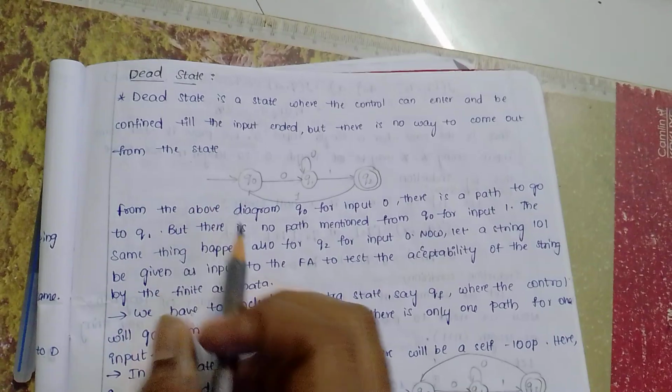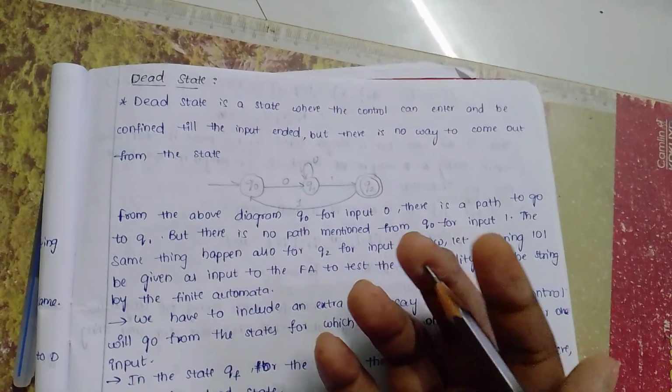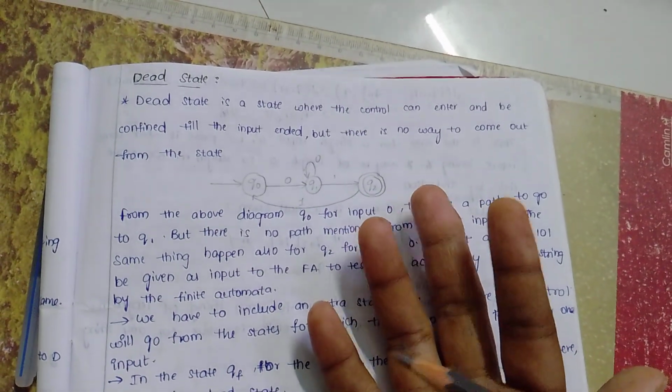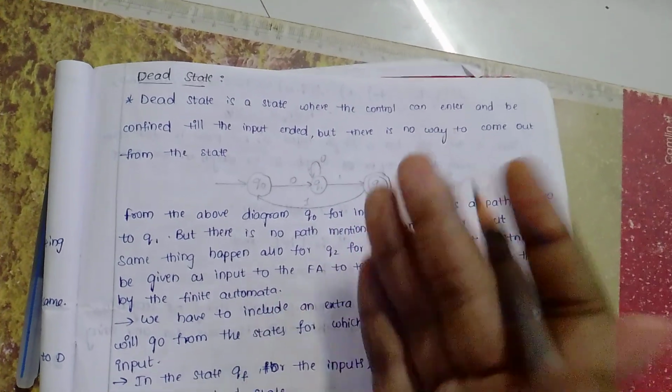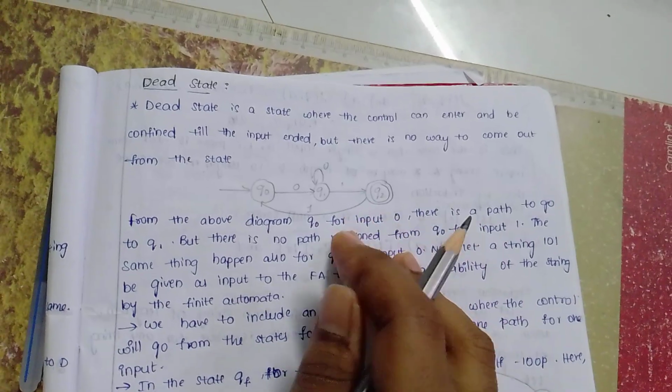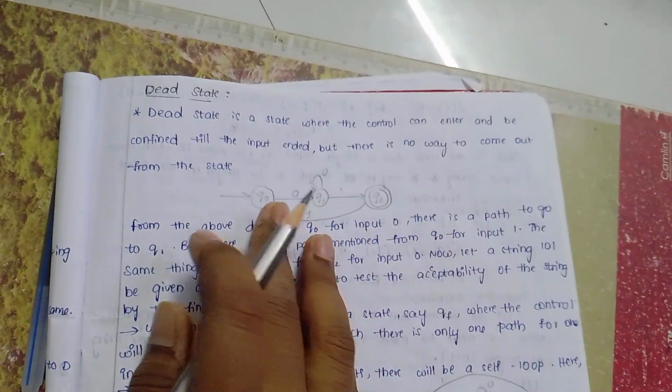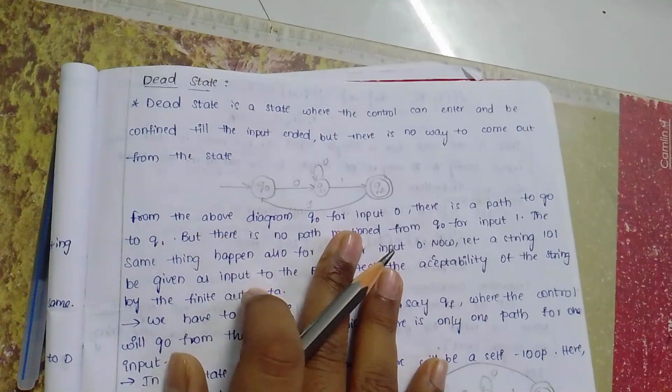So, a test state is used in automata to trap invalid inputs and ensure they do not get accepted. Once they enter, the machine cannot escape from it no matter what input follows.